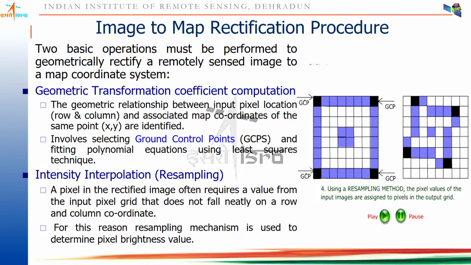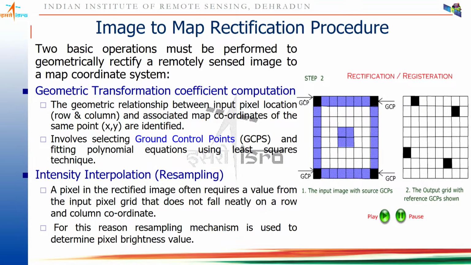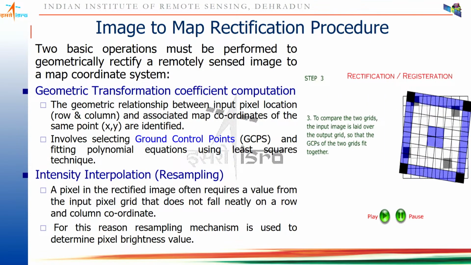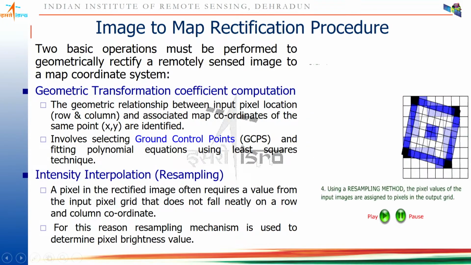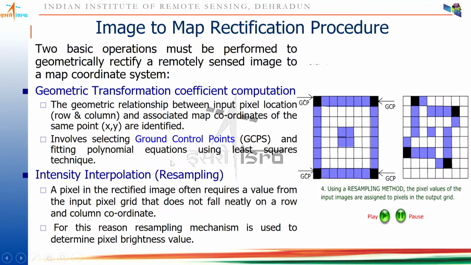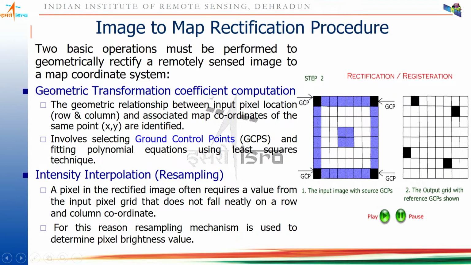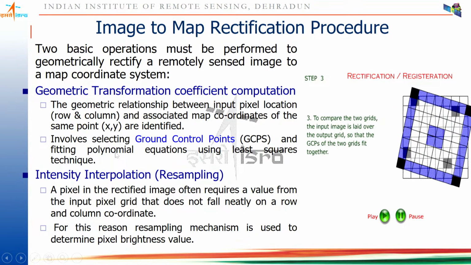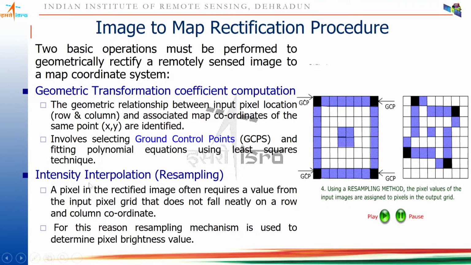Ground control points are those points for which we have two sets of coordinates, input coordinates and reference coordinates. Once we select the ground control points, we fit mathematical equations between them using the least square technique. And the second step is filling in the DN values in the rectified image. This step is called resampling.